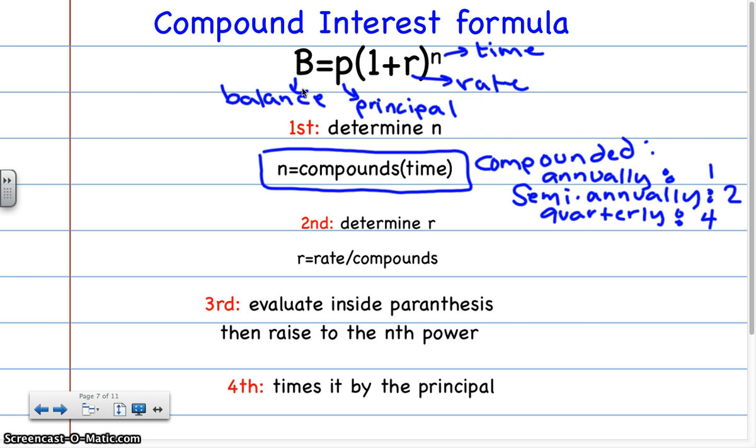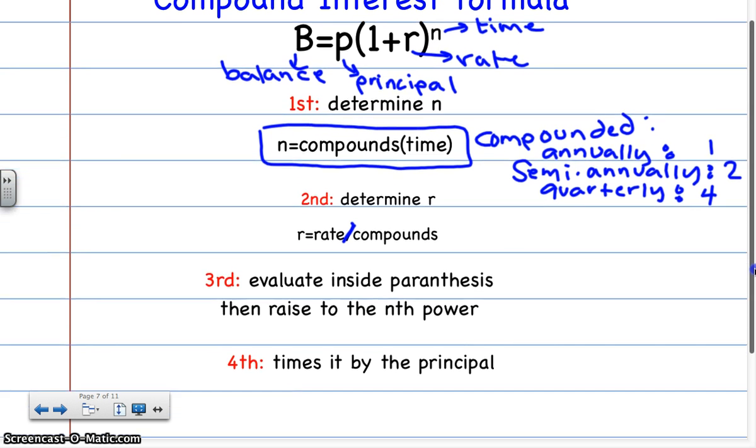And then the second thing we're going to do is determine our R. R is equal to our interest rate divided by compounds. So this slash means divided. Our interest rate divided by our compounds. So again, the compounds you have to identify. Is it annual? Is it semi-annual? Or is it quarterly compound?